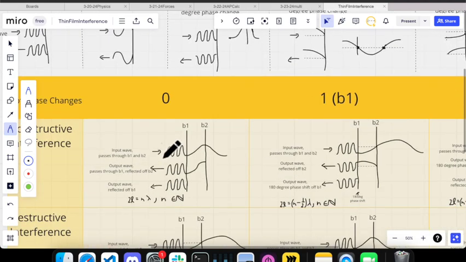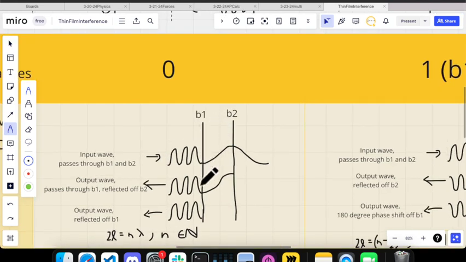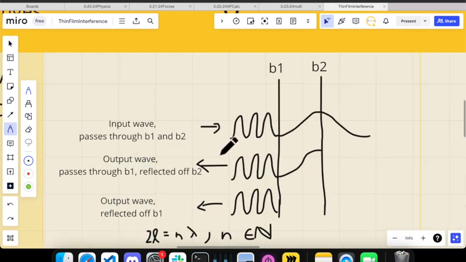So let's start with the situation where we have 0 phase changes, and let's look at when it's constructively interfering. There are no phase changes, so it's just doing normal reflection off the boundary, continuing as it would to the left instead of going right. Let's say we have this input wave, it passes through all the boundaries. And there's one component of the output wave that passes through the first boundary but reflects off the second.